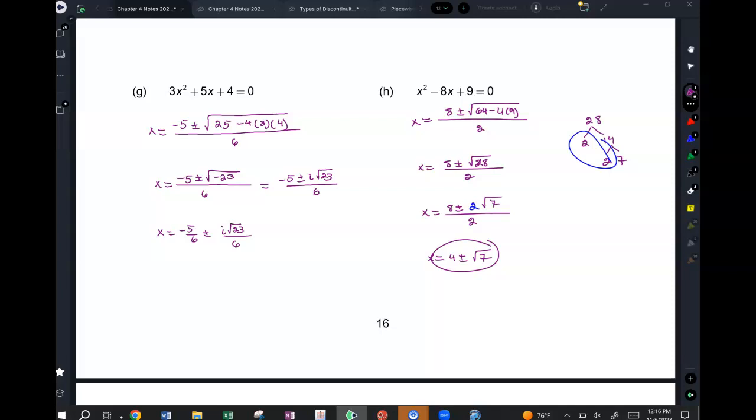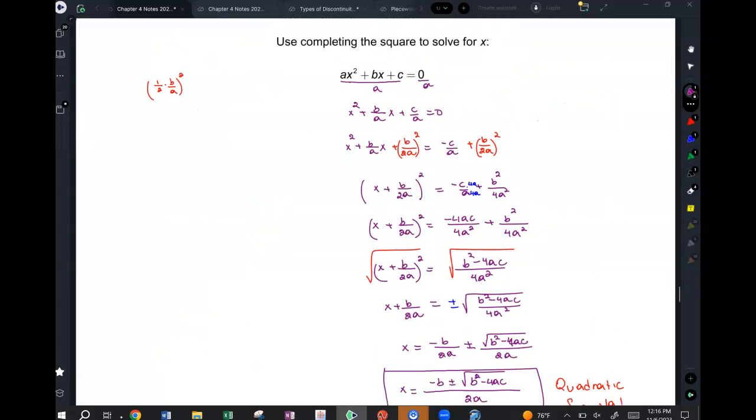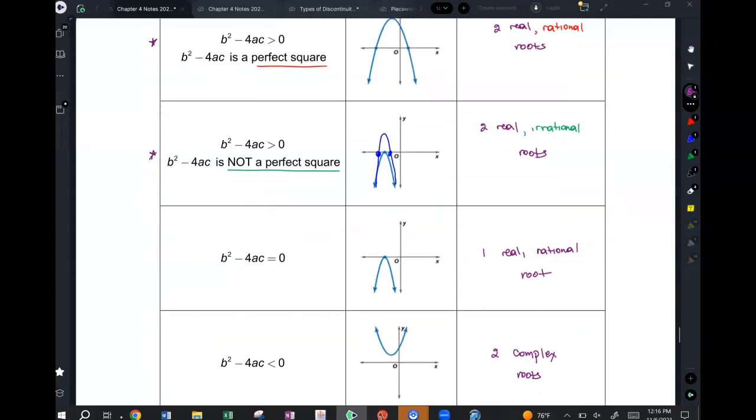You can never get 3 complex solutions. It's either 2 or 4, right? Complex solutions always come in pairs. It's always plus or minus. So you can get one real root, but you can never get one complex root. It's always 2 or 4 or 6 or 8.